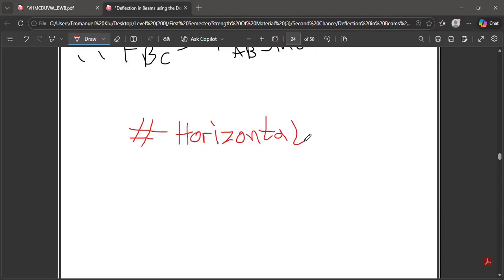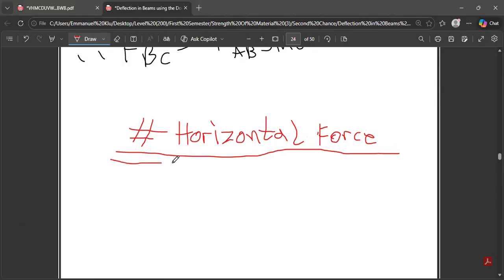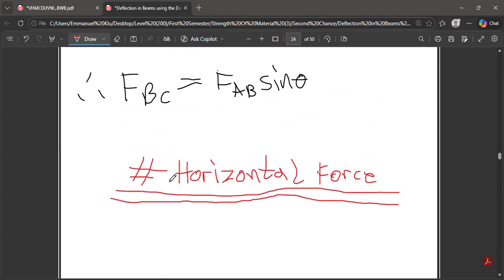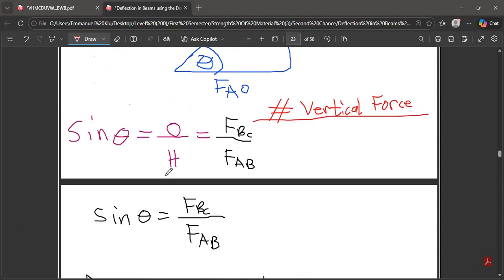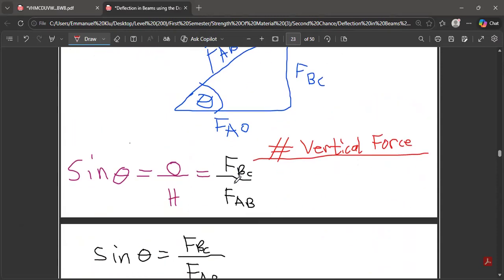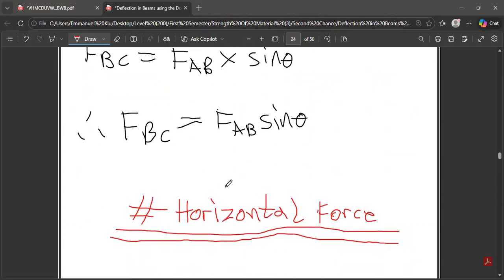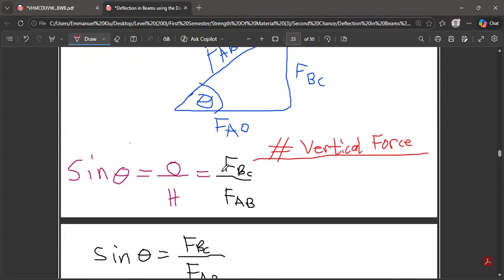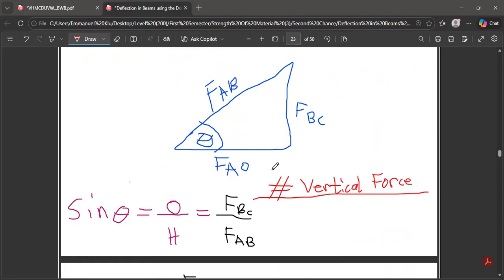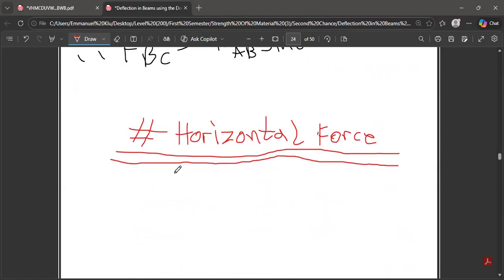Let's do the horizontal force also. And for the horizontal force, we are going to use the cos.